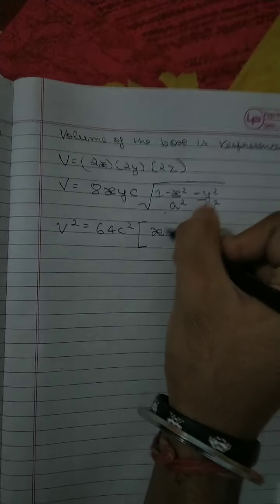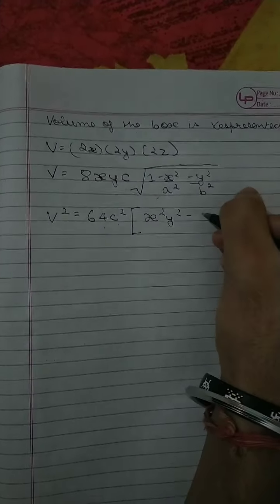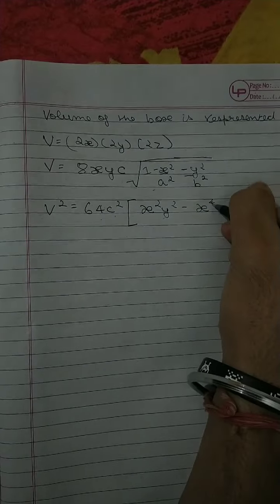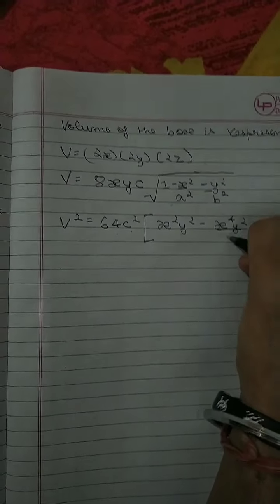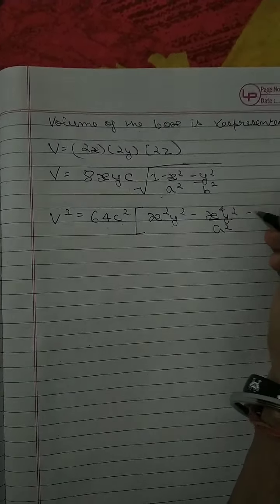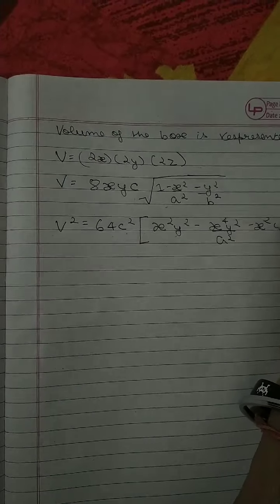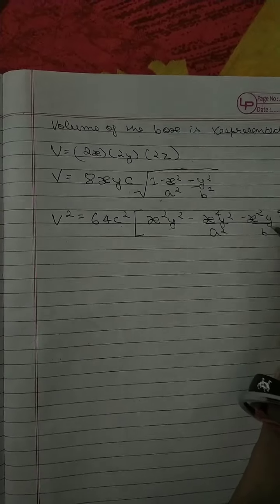So x square y square minus x to the power 4 y square by a square minus x square y to the power 4 by b square.